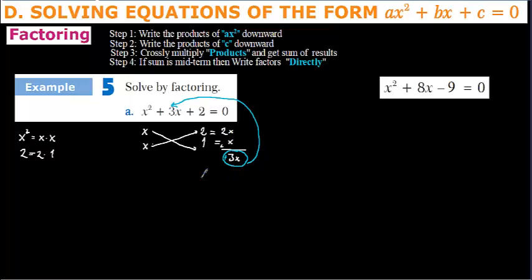That's why it means that my factorization is true. Then we are going to get the factors directly. I'm going to get this one here and this one here. While I'm writing, I'm also going to write their signs.